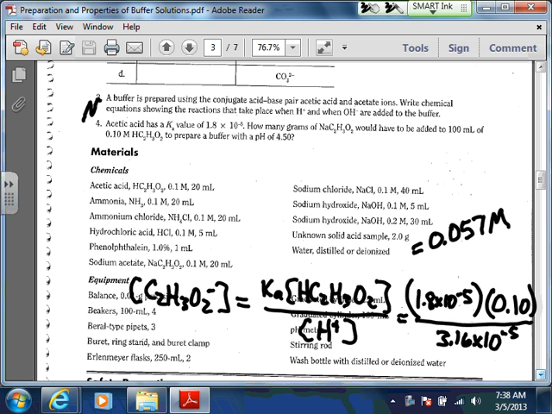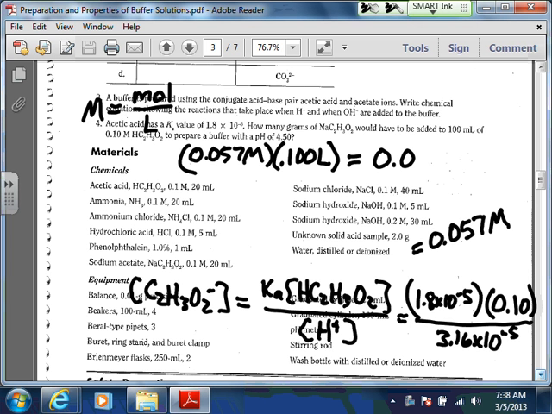Now, if you remember, molarity equals moles over liters. Okay, so if we have the molarity and we have the volume, then we should be able to figure out the number of moles just by multiplying those two. So we take 0.057 molar times 0.100 liters, because 100 milliliters is 0.1 liter.